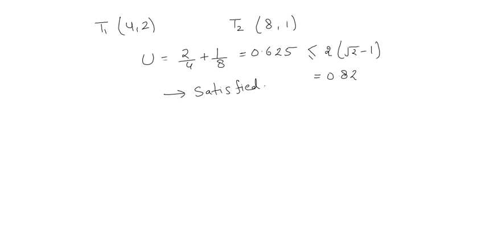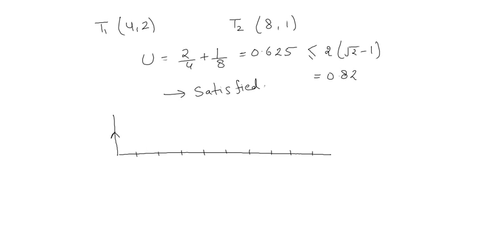Okay, so how can I schedule it? For example, if I want to schedule these tasks, the period is 4, right? So both T1 and T2 came here, and let me write 1 2 3 4 5 6 7 8 9.